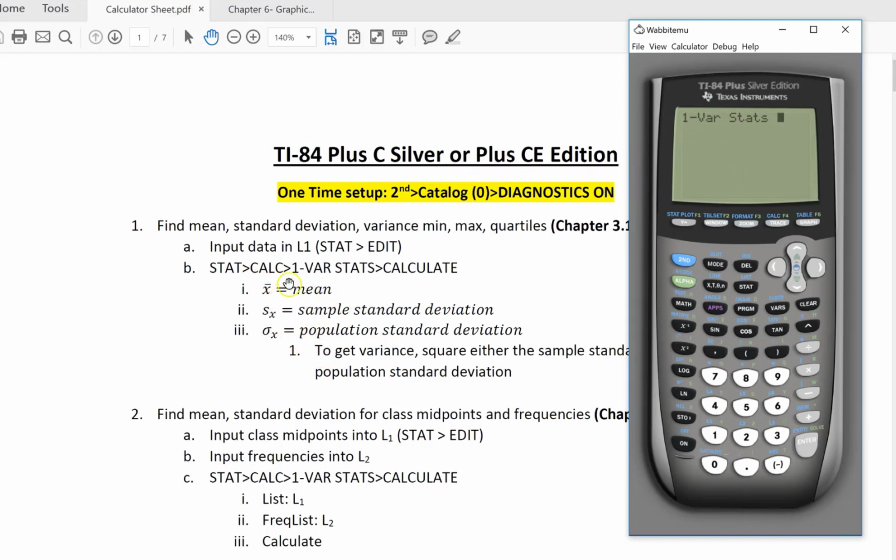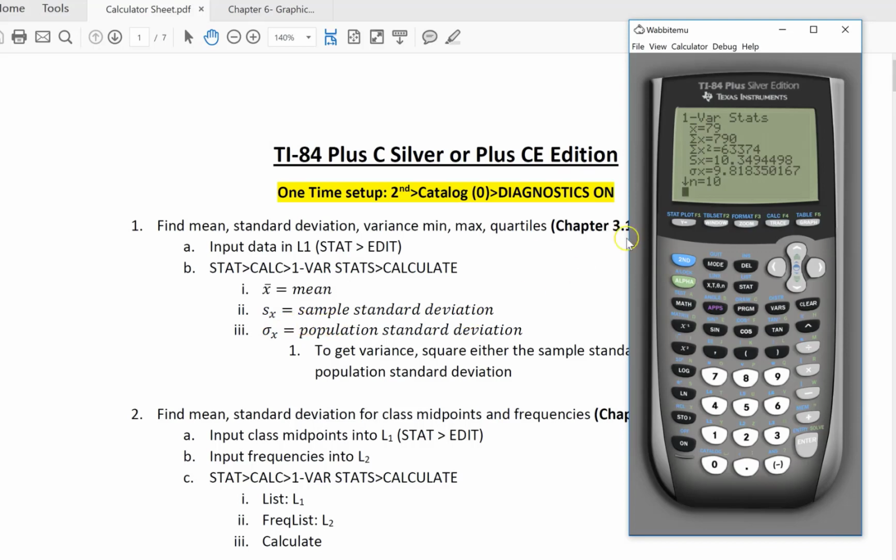You're just going to follow the steps exactly on this sheet. So we're going to either hit enter or put second list 1, because that's where our data is. If it was in list 2, you would have done list 2. Hit enter. This is our mean.